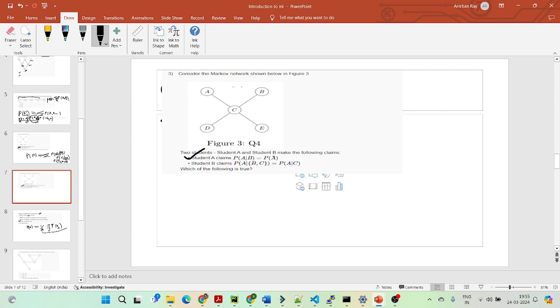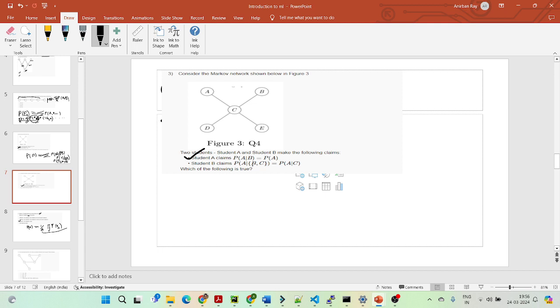And next you see that if C is known, then A and B are independent. Blocking the paths. As you can see, in the expression we can remove the B, which means that writing the B or not writing the B makes the same sense.